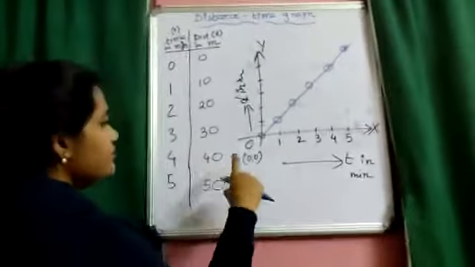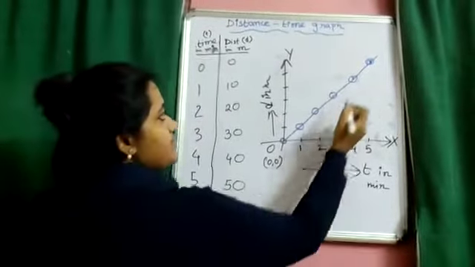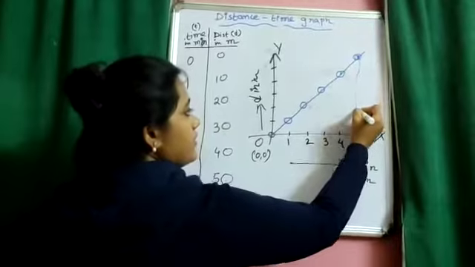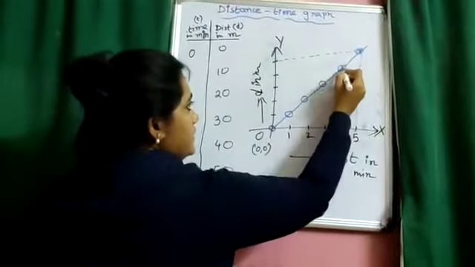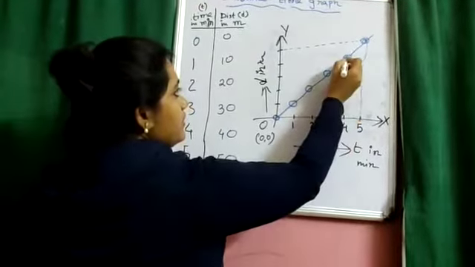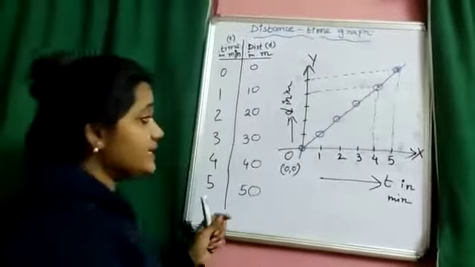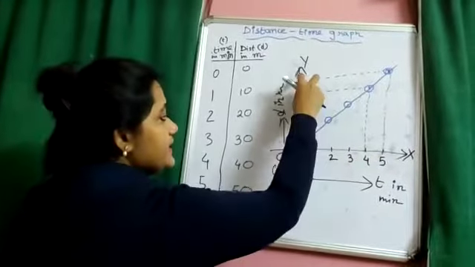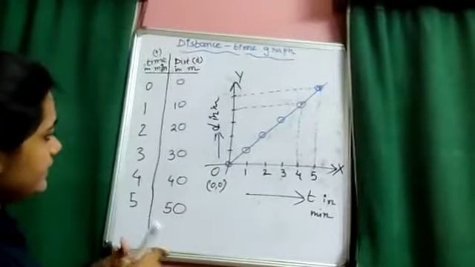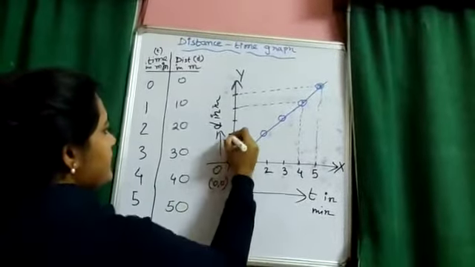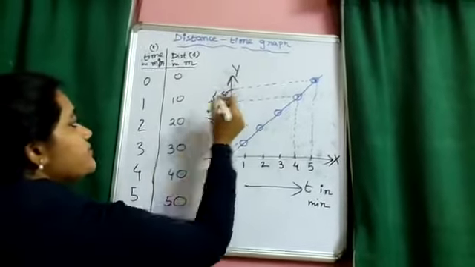Okay, now the second conclusion: let us check how much distance it has covered in equal time. Now I am checking between these two time intervals. Now you see, what have I plotted here? That is 10 meters, 20 meters, 30 meters, 40 meters, 50 meters.